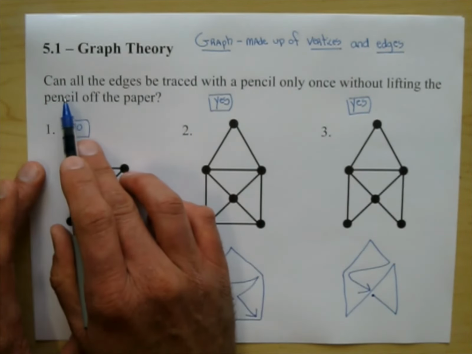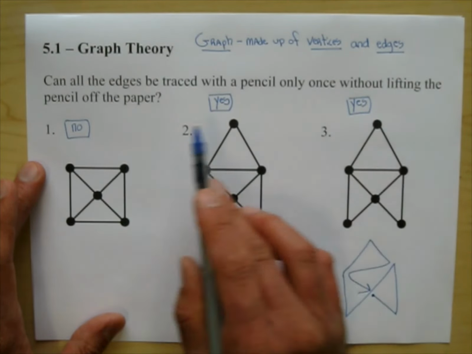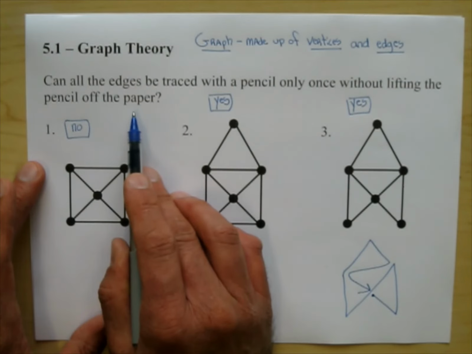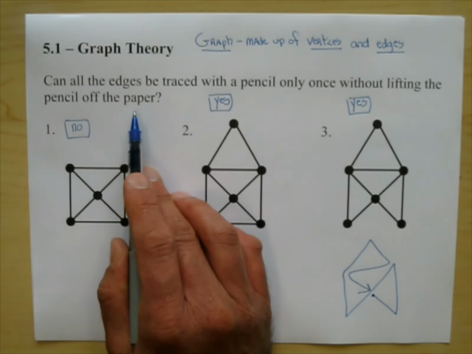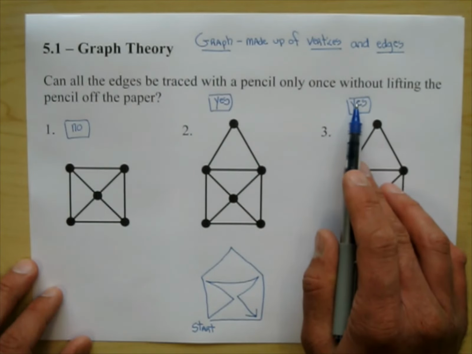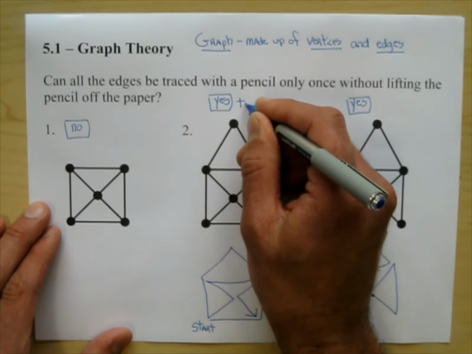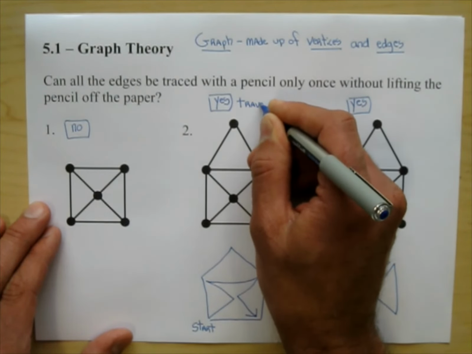And when we ask this question, can all the edges be traced with a pencil only once without lifting the pencil off the paper? That's a property. And when we ask about that property, it has a name. And that name is traversable.